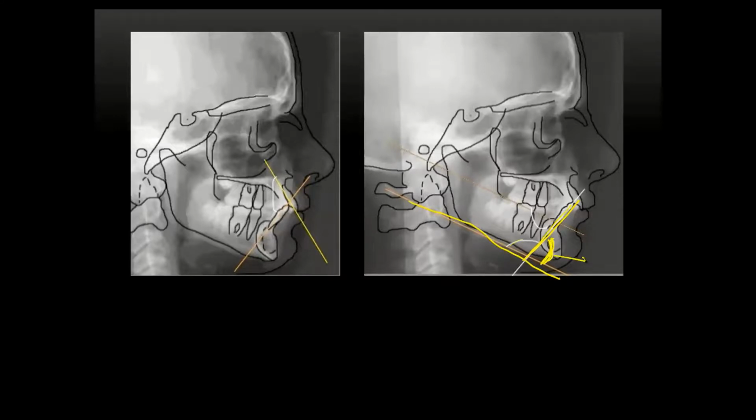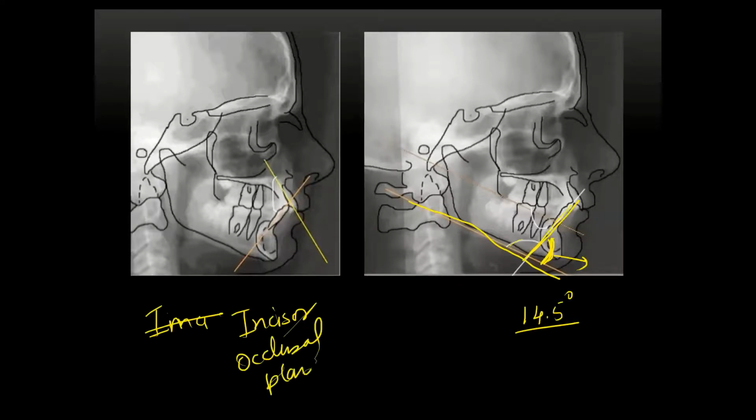This angle is usually 14.5 degrees. In the cases of lower incisor proclination, this angle is going to decrease.